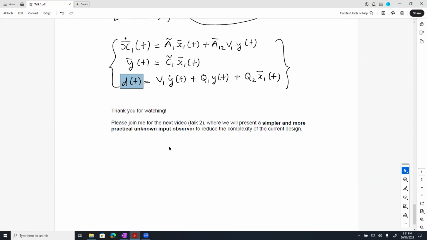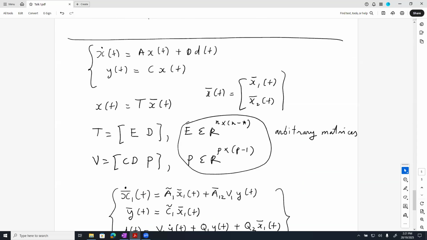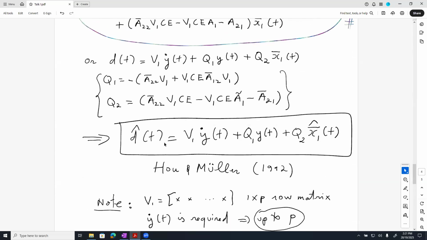In talk number 2, we will present a similar and more practical unknown input observer. So instead of designing an observer to estimate the unknown input in this form, which could have up to derivatives of P measurements, we will make it less, maybe the derivative of one measurement only.